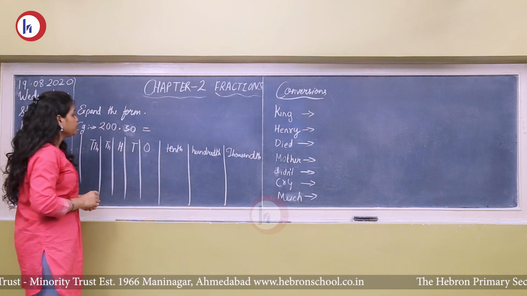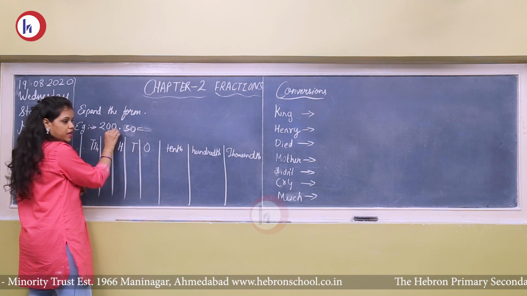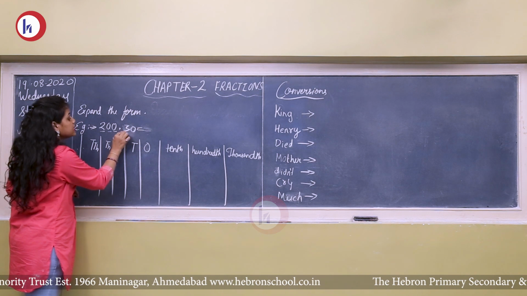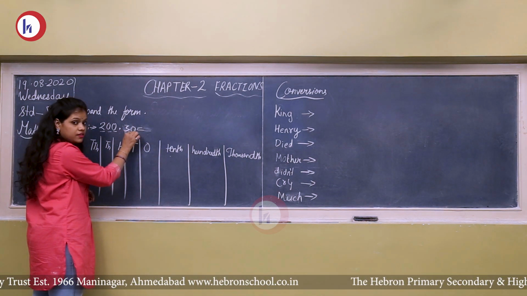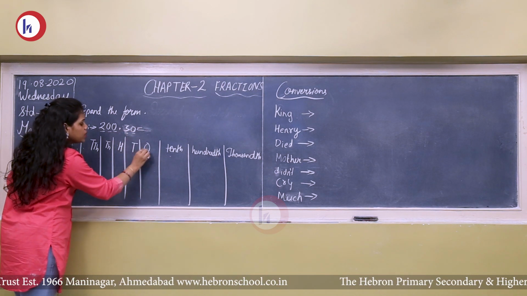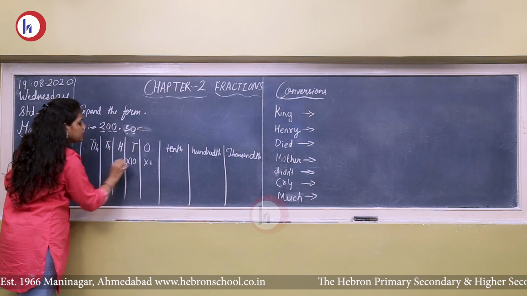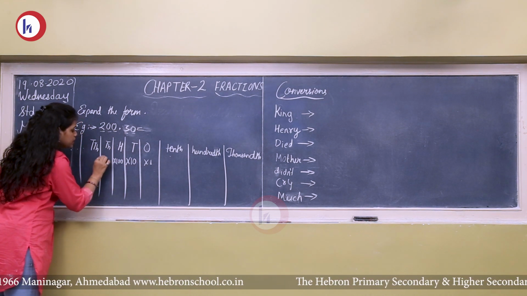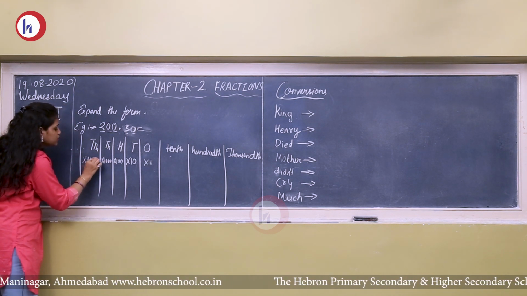So how you are going to expand this: this is the ones place, tens place, 100 place. Okay, and this is the 10th place, and this is the 100th place. So what we do, the ones place number we multiply with 1, tens place number we multiply with 10, 100th place number we multiply with 100, same way 1000, 10,000.